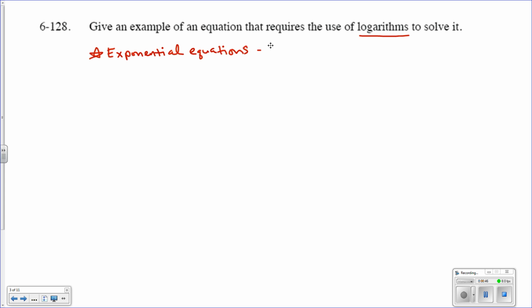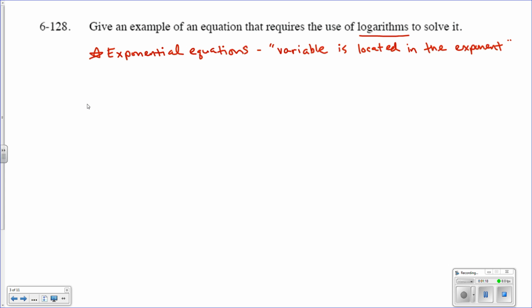What I mean by that is our variable is located in the power, up in the exponent. So for instance, I can give you an example or two here just to make sure we're on the right track.